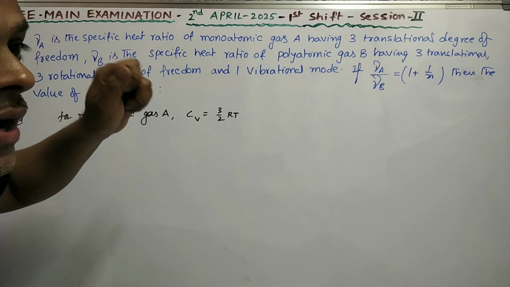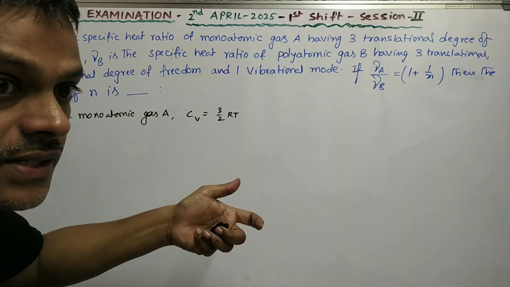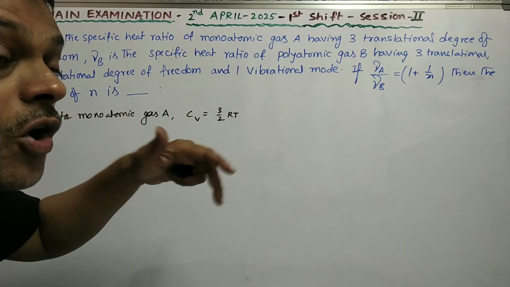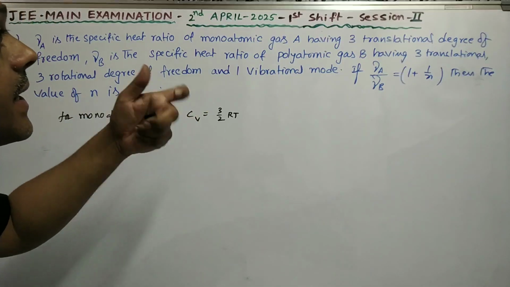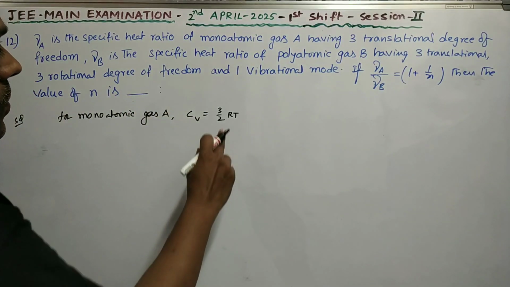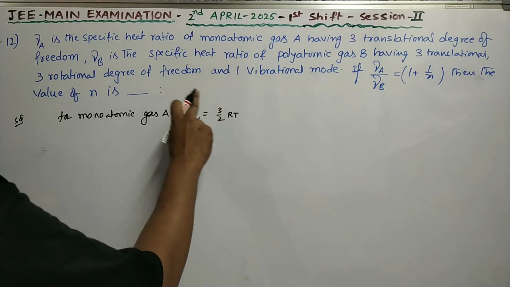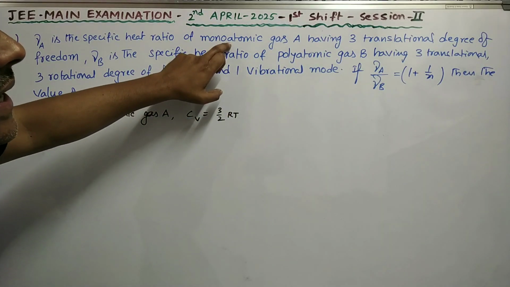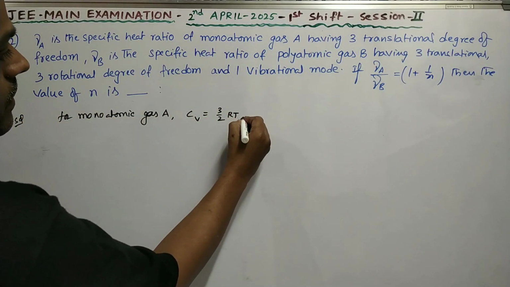The number of possible modes in which the molecule possesses energy is called degree of freedom. So in 3 dimensions, the x-axis, y-axis, and z-axis for a monoatomic gas, Cv is equal to 3 by 2 RT.